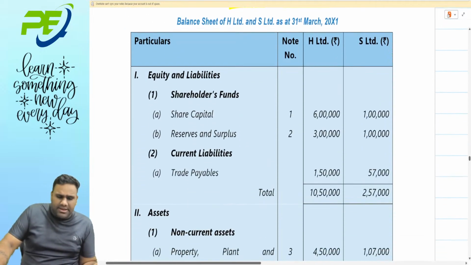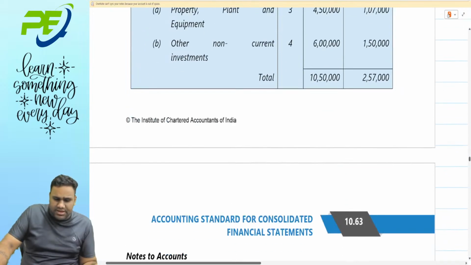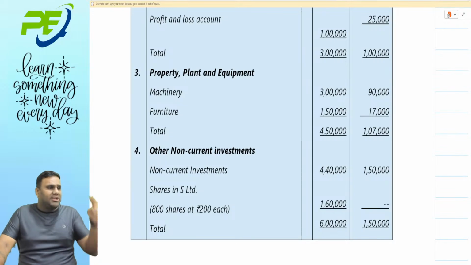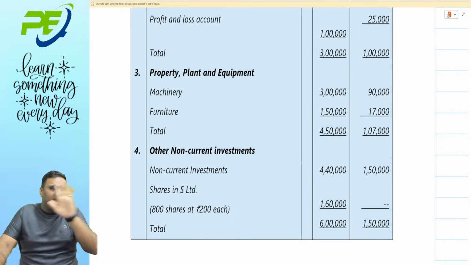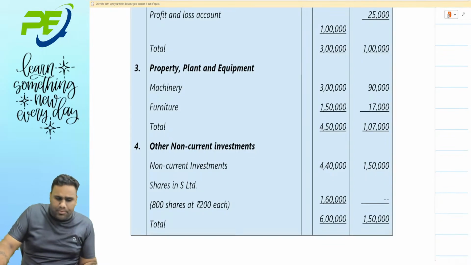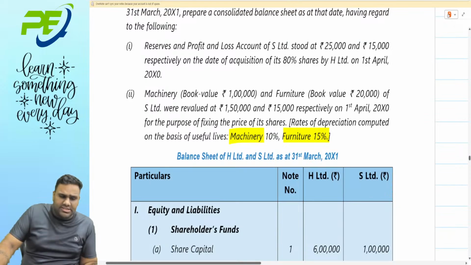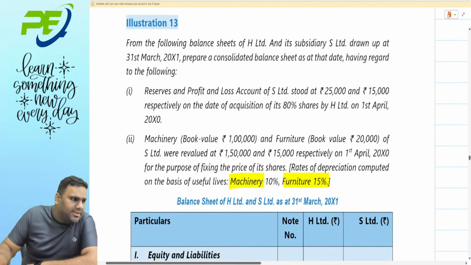Now, share capital, reserves and surplus, trade payables, PPE, other non-current investments and notes they have given. In other non-current investments, we have non-current investment and shares in S Limited. Two investments are there. About that only I gave 1 point in the previous class. So they are asking us to prepare consolidation. Before I start consolidation, go through these 2 points carefully.